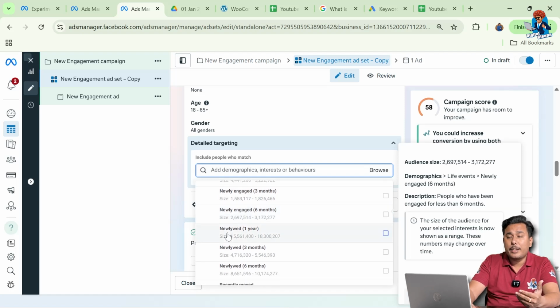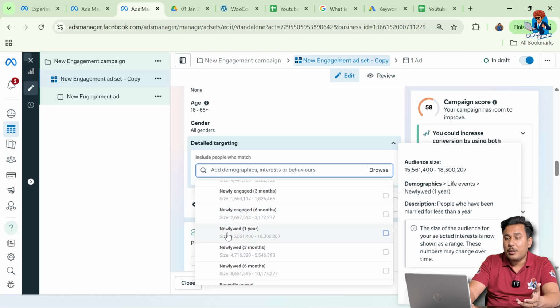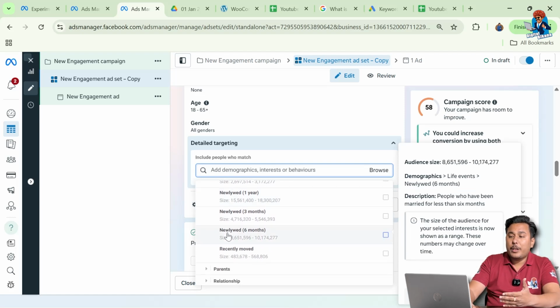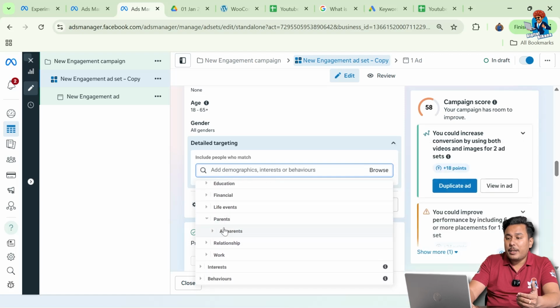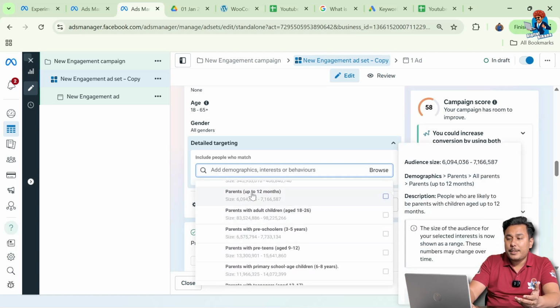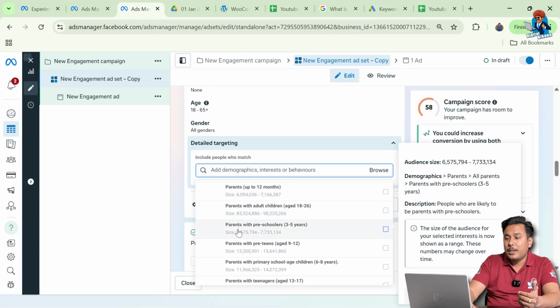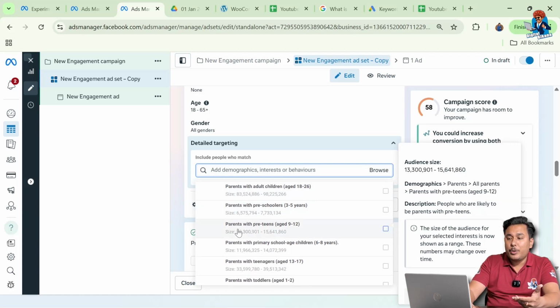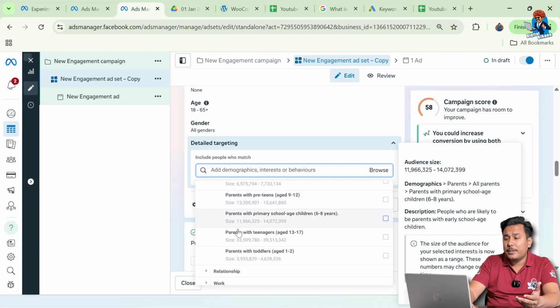Or if you're running a catering business or marriage lawn business, then also you can target them. And similarly, if you're running a travel agency and want to sell honeymoon packages, you can target people who are newlyweds. If you're running a diaper manufacturing company, then you can target people who are parents with a child up to 12 months. If you're running a day boarding, then you can target people who are parents of teens, right?